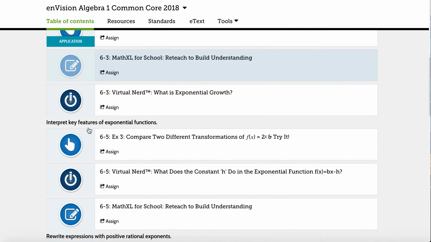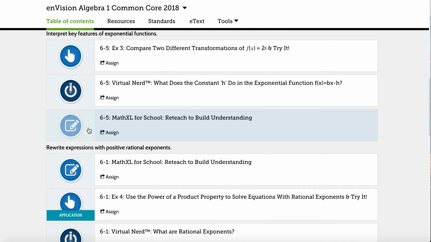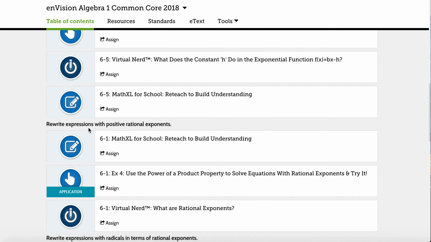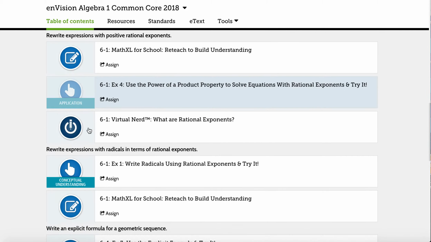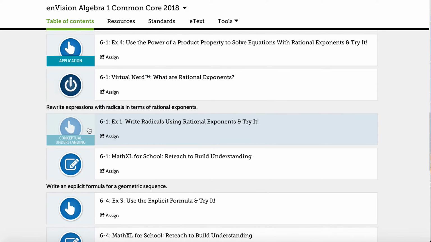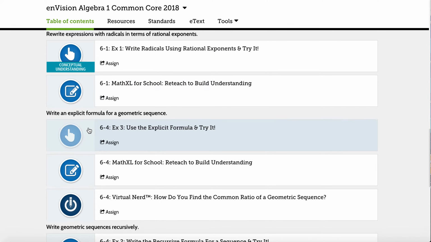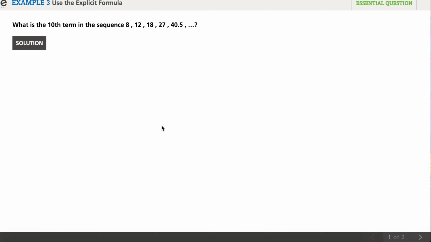Again, you can go back to the assignments that I have assigned, but I would like to go with the written explicit formula for a geometric sequence. Let's see this one. The formula for a geometric sequence.